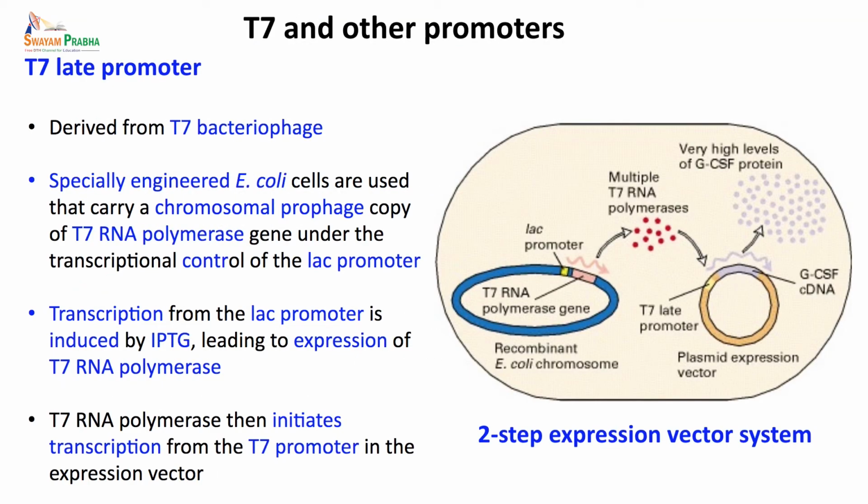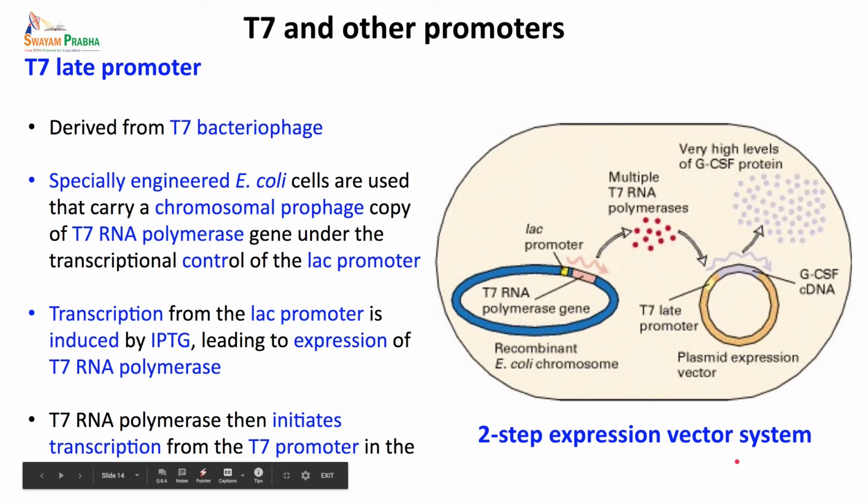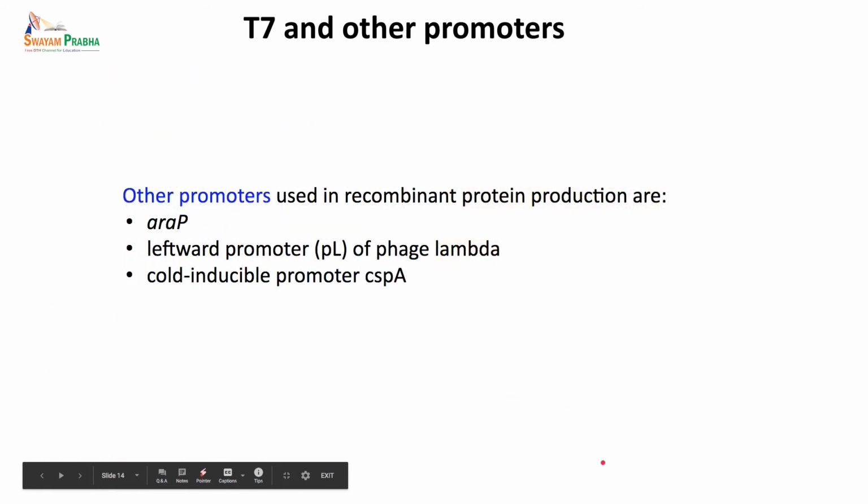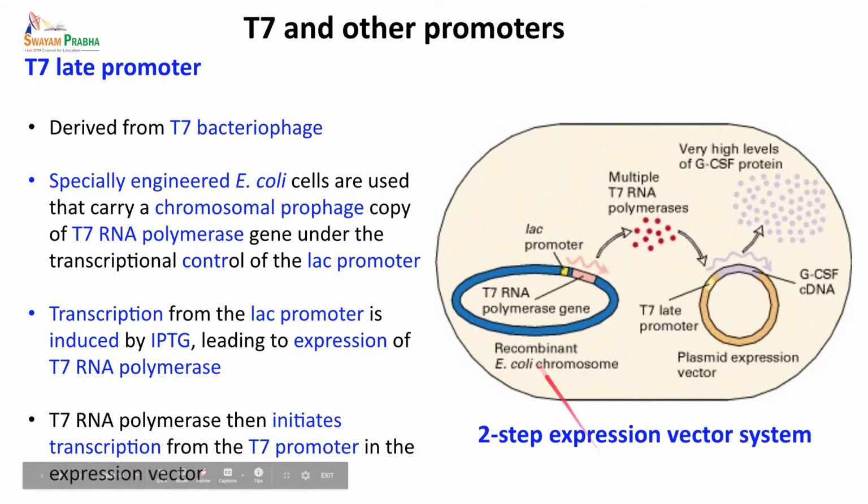Another very useful strategy is to use a two-step expression vector system, and this is usually used with the T7 late promoter system. Many vectors use this strategy, and this T7 late promoter is derived from a bacteriophage, which is a virus that can infect bacteria.